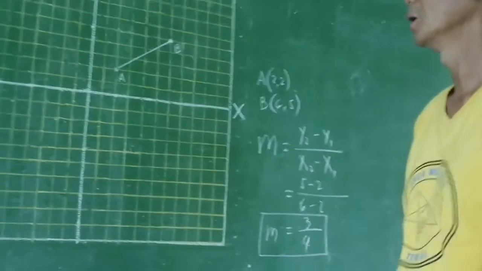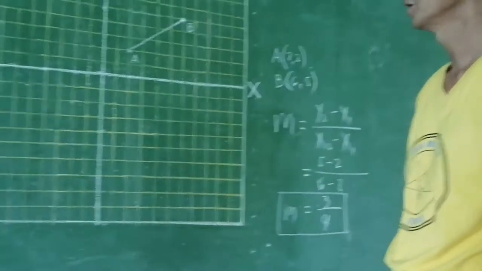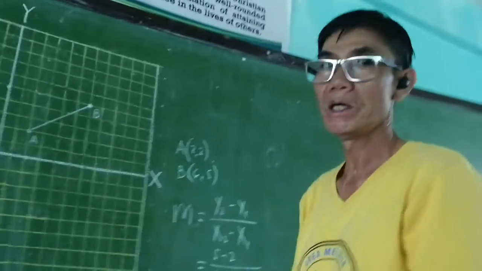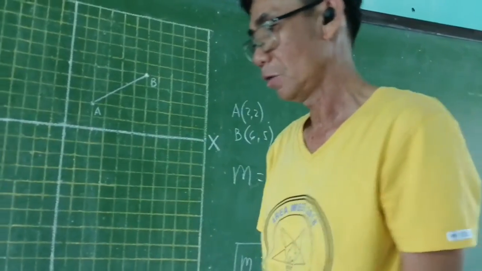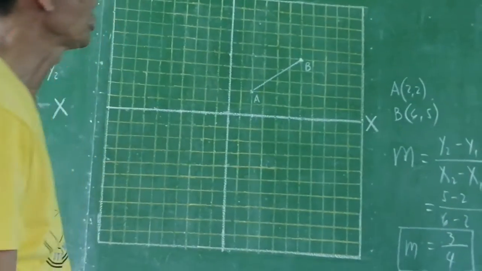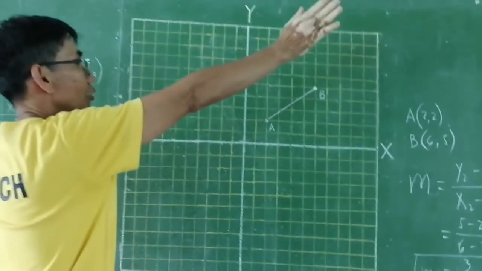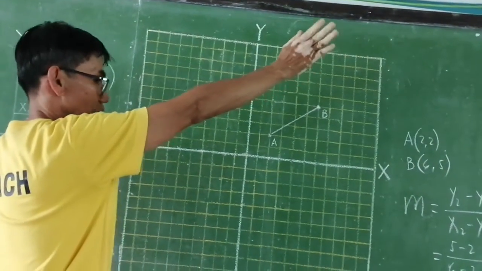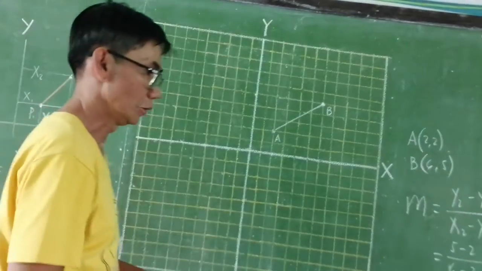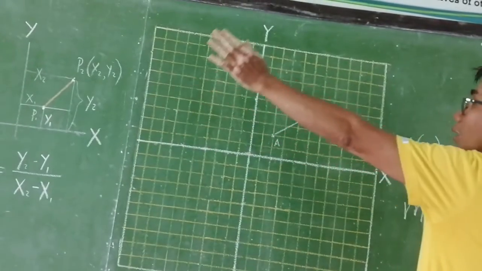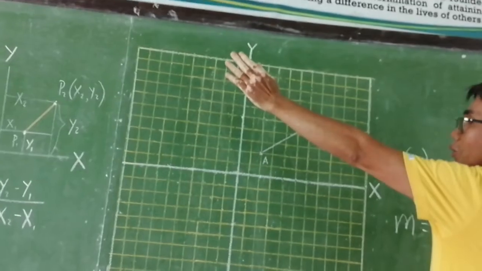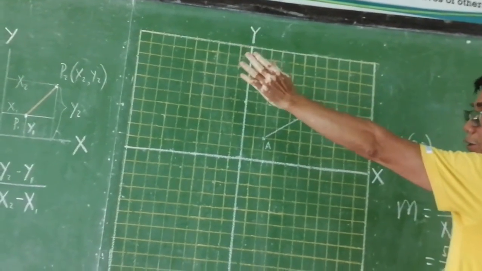You can have more examples. You can try that in Word. By the way, there is a convention that if you are going to use your right hand, all slopes are positive this way. But if you are going to use your left hand, all slopes are negative.